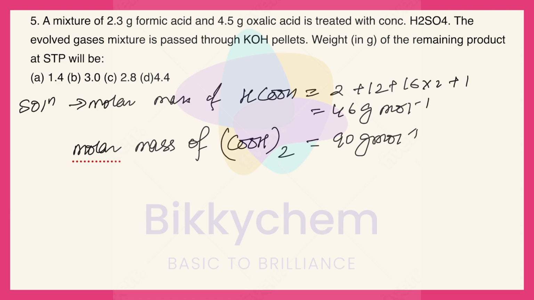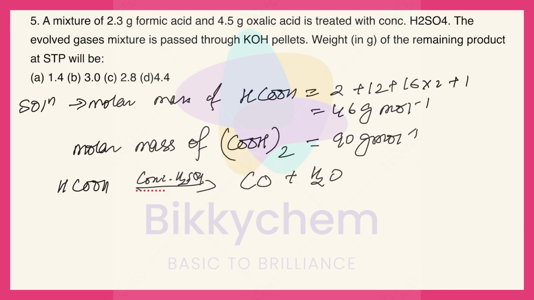Okay, then let's see first formic acid reacted with concentrated sulfuric acid. After the reaction with concentrated sulfuric acid, it gives carbon monoxide and water.